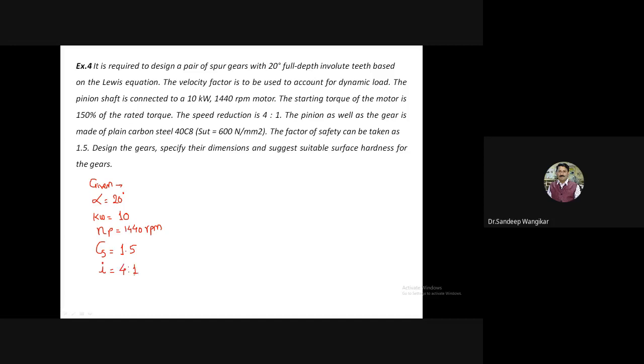The pinion as well as the gear are made up of plain carbon steel and the ultimate tensile strength of the material SUT is equal to 600 Newton per mm square. The factor of safety can be taken as 1.5, so I will say FS is equal to 1.5. Design the gear, specify their dimensions and suggest a suitable hardness for the gear.